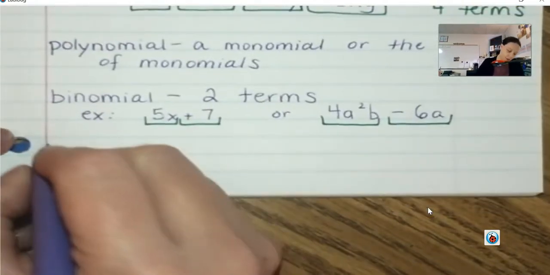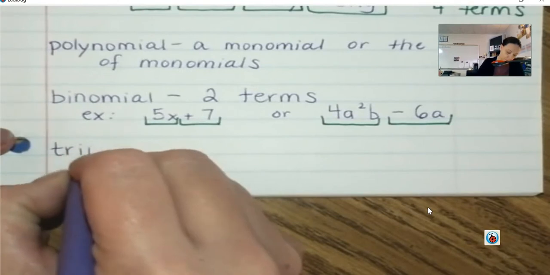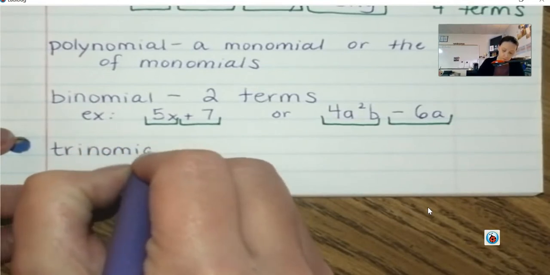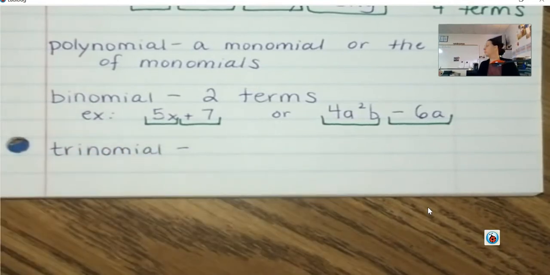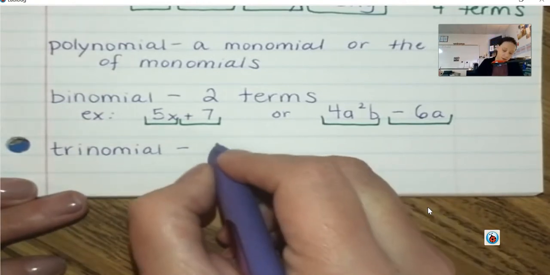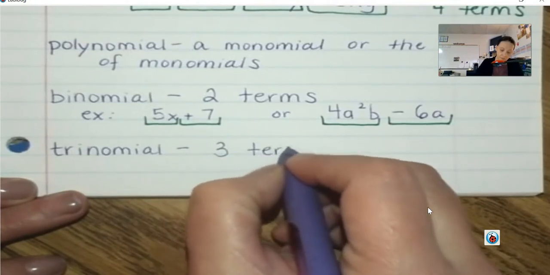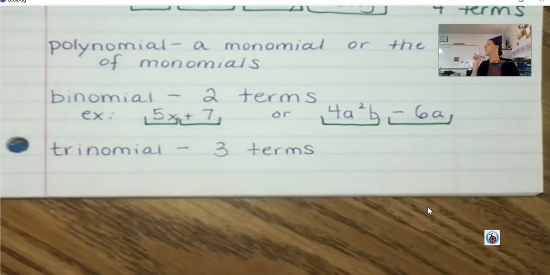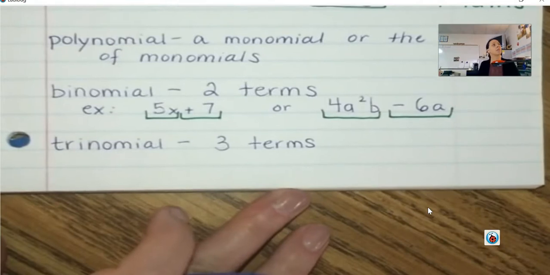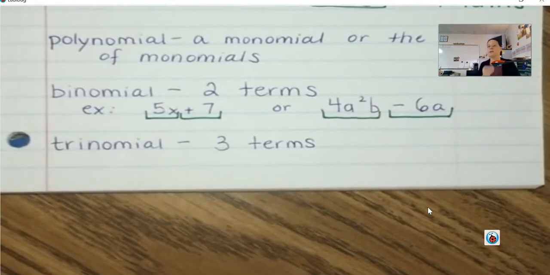Next one is trinomial. A trinomial has 3 terms. I know it's a lot of writing today. This is the only lesson that's like this. It has so many vocabulary words.